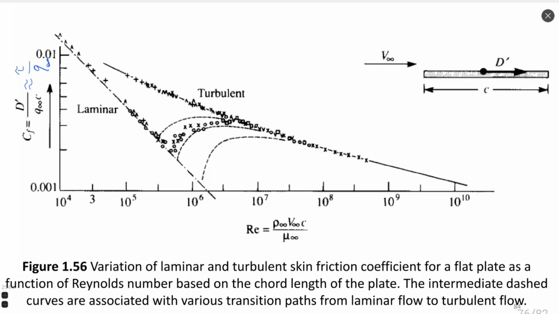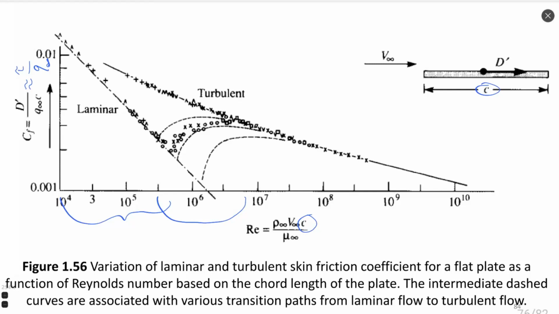For example, here we may see the same boundary layer as it propagates in space. Here, one axis is the Reynolds number, and the other axis is the friction coefficient. This Reynolds number is based on the coordinate on the plate. We see that initially the boundary layer is laminar in some region, right? And then there is a so-called transition zone. This transition can happen in different ways.